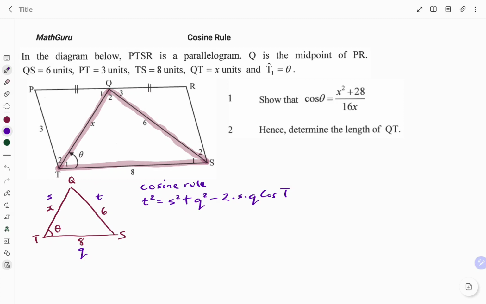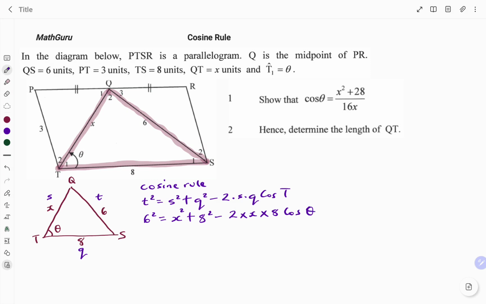Putting in my parameters, I have t squared, that's 6 squared, equals s squared, s is x, plus q squared, q is 8 squared, minus 2 times s, which is x, times my q, which is 8, times cos t.